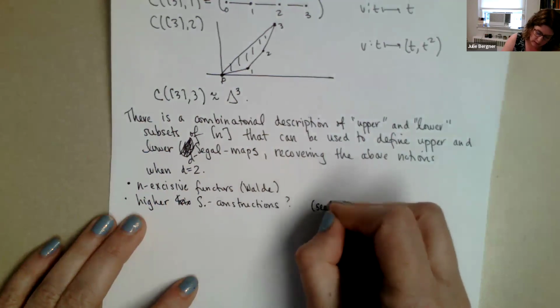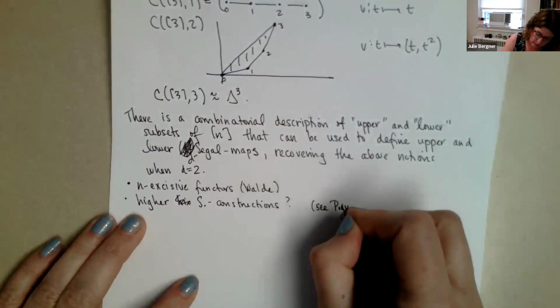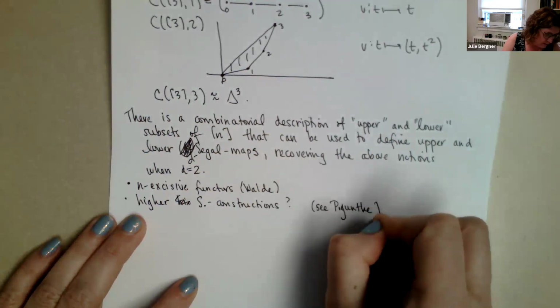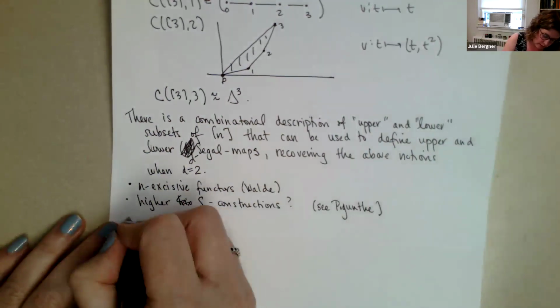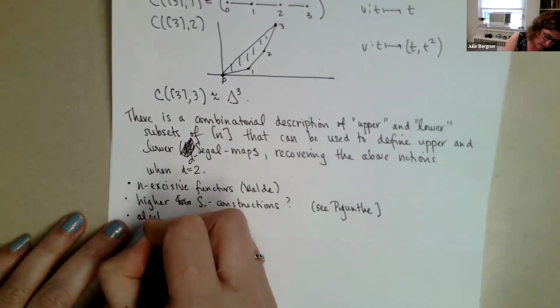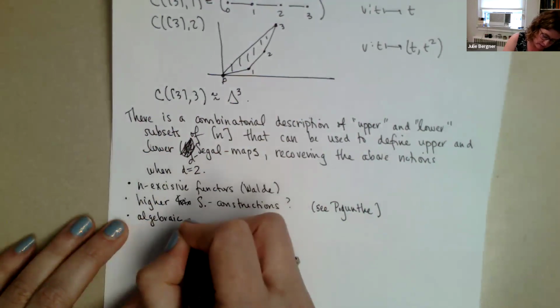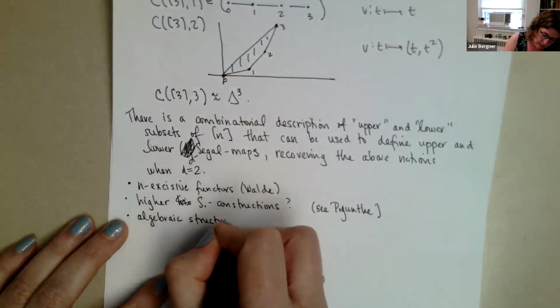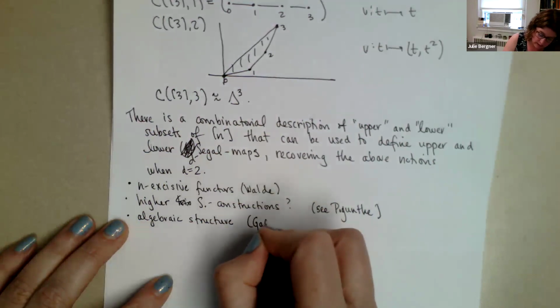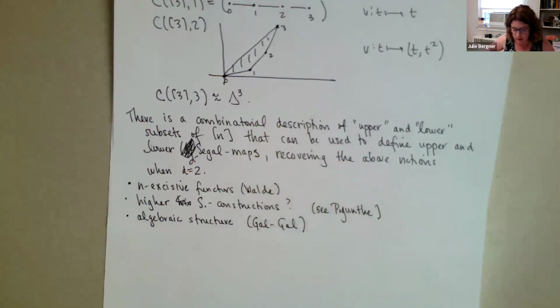You can see some beginning work on this from Bergner. And then you could ask, what's the algebraic structure encoded by D-Segal? There's some work by Adam and Elena Gao on this. I think it's still maybe not as straightforward as it could be, but that's some beginning things. So there are some things you can go look into if you want to learn more about this.